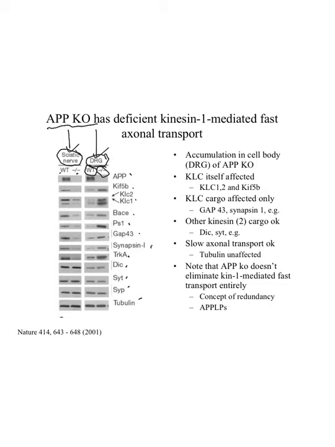So this particular part of the gel that I'm outlining is visualization of APP itself. Remember, that's the gene that we knocked out. So we should not see any signal in the lanes from the knockout, and we don't. Here, we don't see any signal. Here, we don't see any signal.